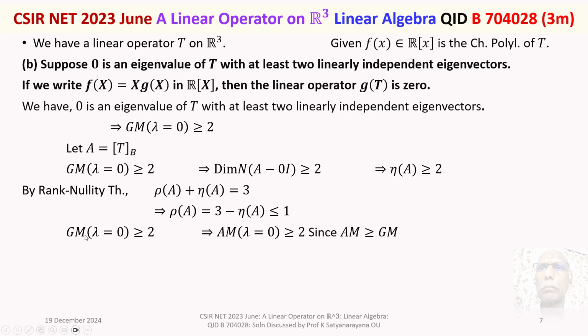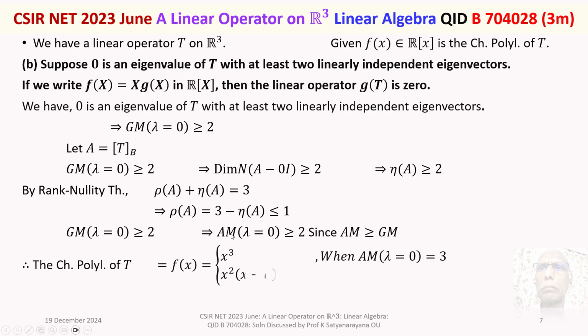Now the geometric multiplicity of the eigenvalue lambda equal to 0 being greater than or equal to 2 will imply the algebraic multiplicity of the eigenvalue lambda equal to 0 is also greater than or equal to 2, because the algebraic multiplicity is always greater than or equal to geometric multiplicity corresponding to the same eigenvalue. Now, if the algebraic multiplicity of lambda equal to 0 is greater than or equal to 2, then we can write down the characteristic polynomial of T, that is f of x, equal to x cube when the algebraic multiplicity of lambda equal to 0 is 3, because greater than or equal to 2 means it may be 2 or 3.